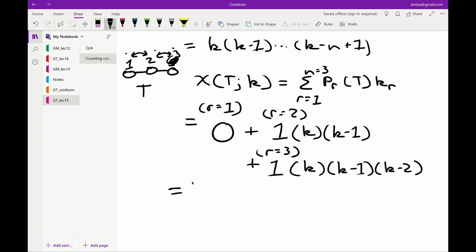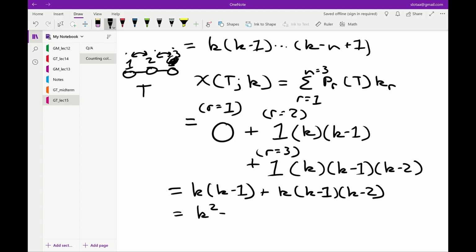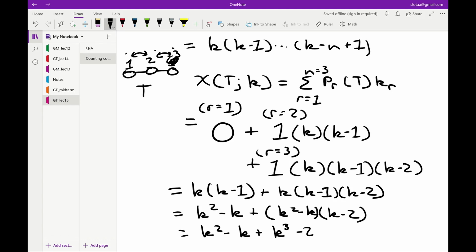So if we solve that out, we have k times (k minus 1) plus k times (k minus 1) times (k minus 2), which equals k squared minus k plus k times (k minus 1) times (k minus 2). Expanding, that is k squared minus k plus k cubed minus 2k squared minus k squared plus 2k.